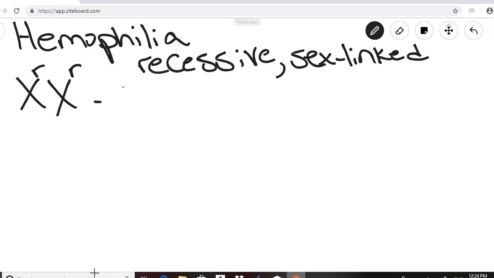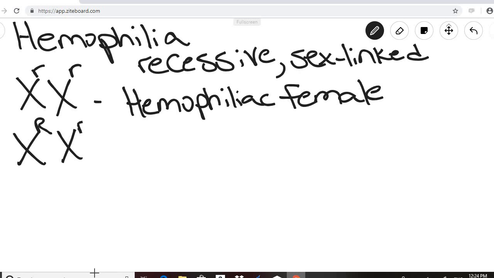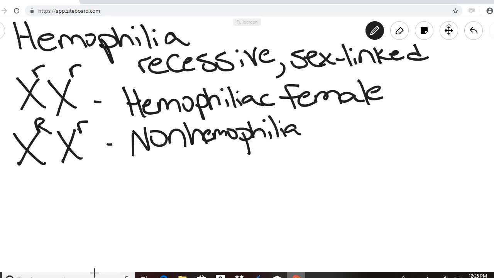Then this would be a hemophiliac female, and this would be a non-hemophiliac female. Remember, since it's a recessive trait, you have to have 2 of the alleles if you're a female. So non-hemophiliac female.